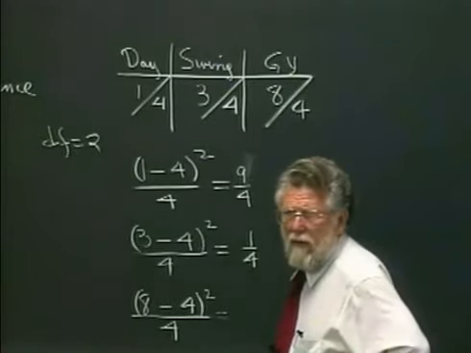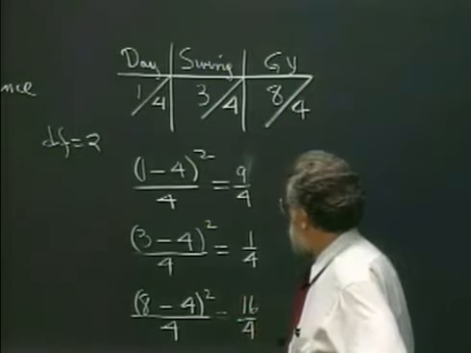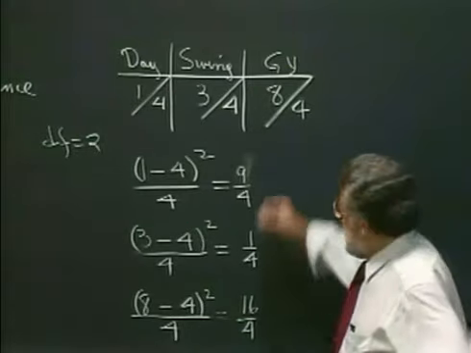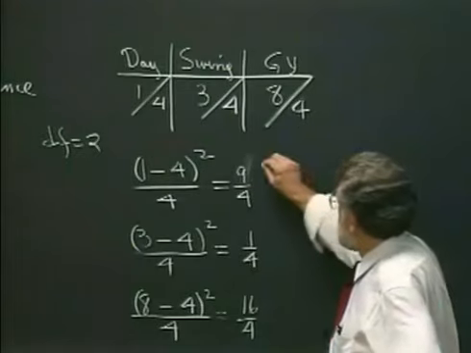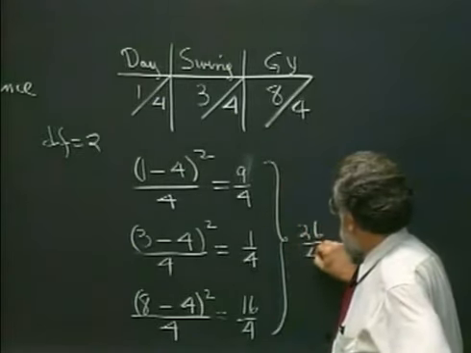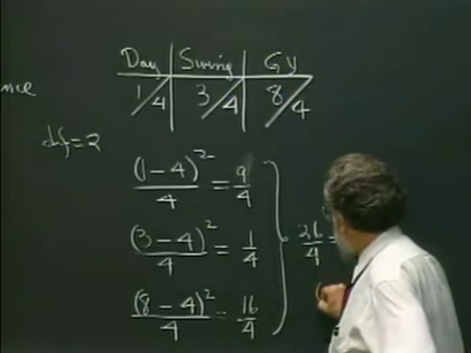And since I have a common 4 up here, it might make sense just to do 16 over 4. So when I add these, I have the 9, the 10, the 16, 26 over 4. So if I add all this together, 26 over 4, or 13 over 2, or 6.5.